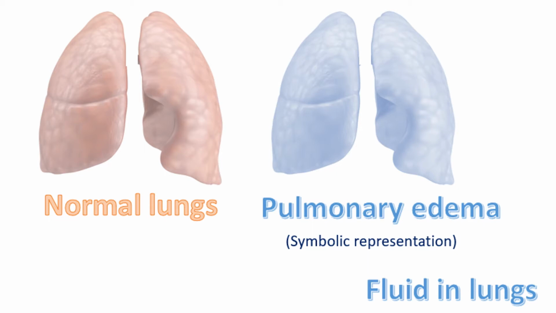When pressure in the lung capillaries rises, fluid from blood moves out of the capillaries into the alveoli. When the alveoli are flooded with fluid, they are unable to exchange oxygen for carbon dioxide and the person becomes breathless. This situation is known as pulmonary edema. The oxygen saturation in blood falls and this can be very serious.